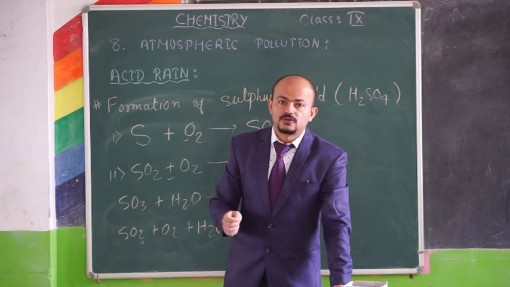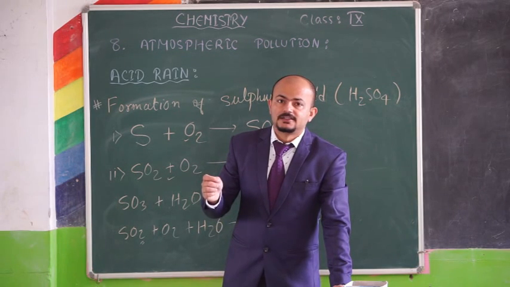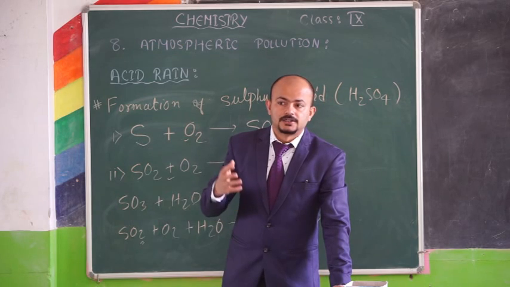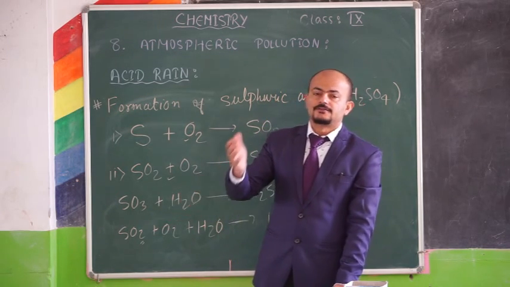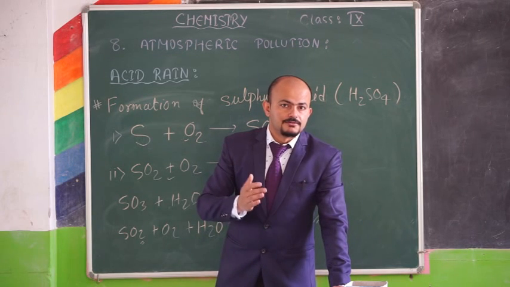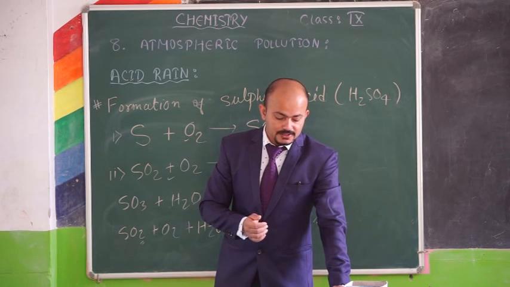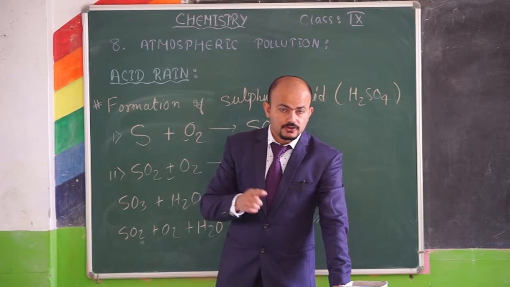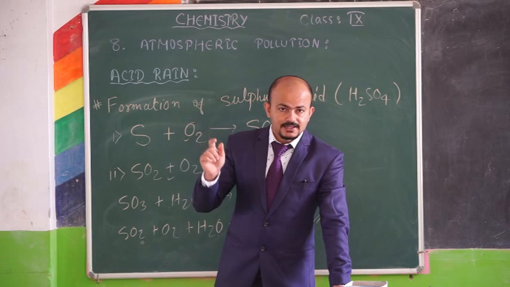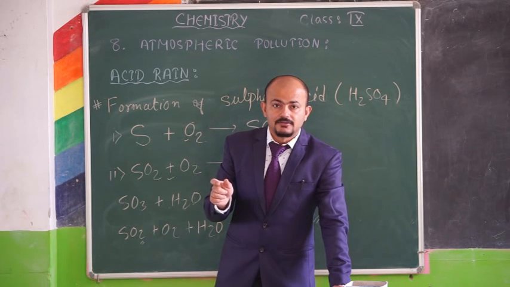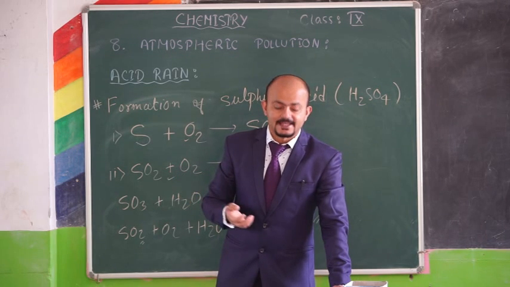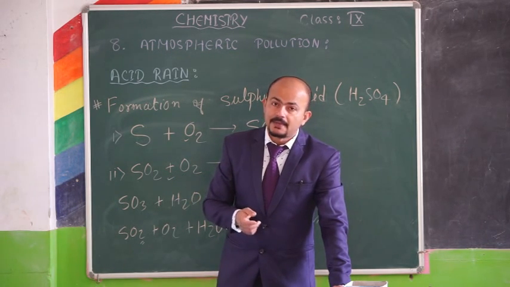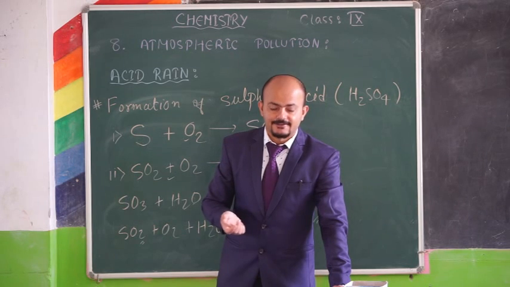Because of that, the production of the farmers will be very low. The second one is that acid rain makes the water bodies acidic, and because of this many aquatic lives are affected.